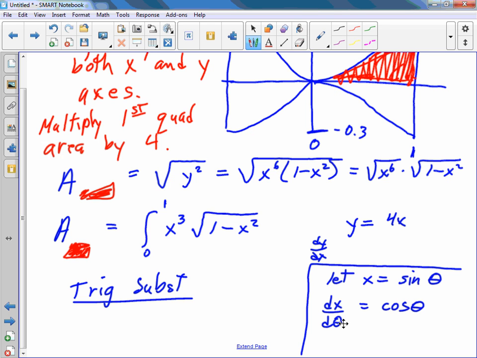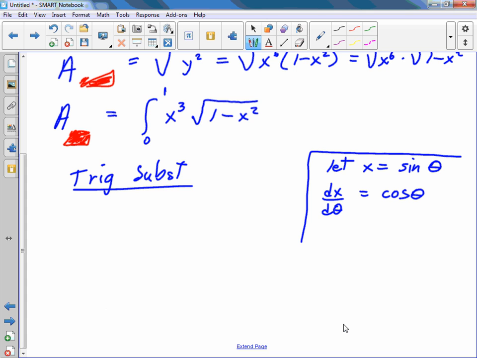So dx d theta, oh God. I need a d theta, but then that's not what I had before. Maybe we can make it work. Okay, so then dx equals cosine theta d theta. Let's see if we can make it work.